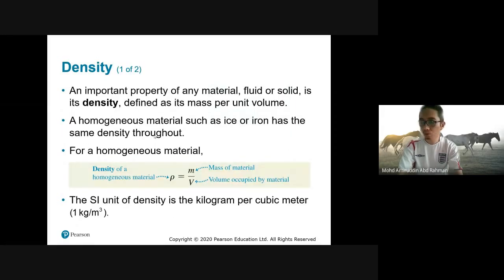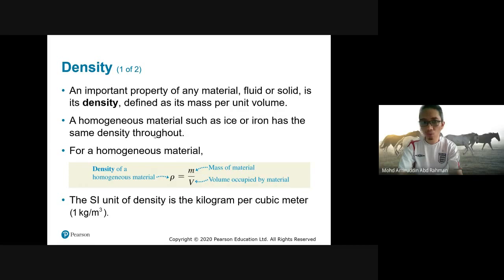So I believe you are familiar with the equation of density. Density is equal to mass over volume. All right. So density is a very important property of any material, of a fluid or solid.